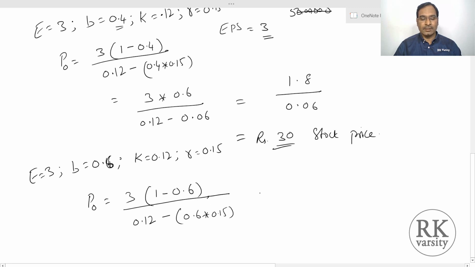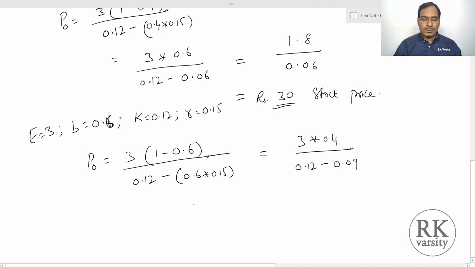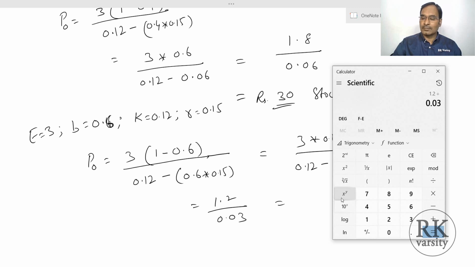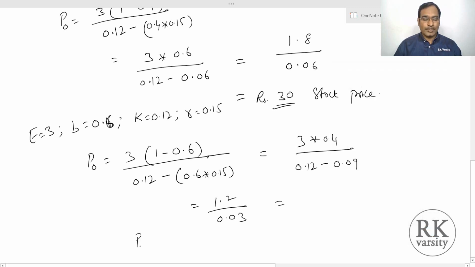So this equals 3 into 0.4 upon 0.12 minus 0.09. So this equals 1.2 upon 0.03. So price equals rupees 40.